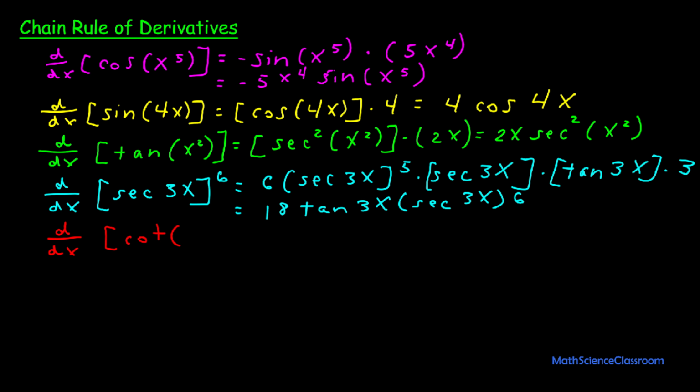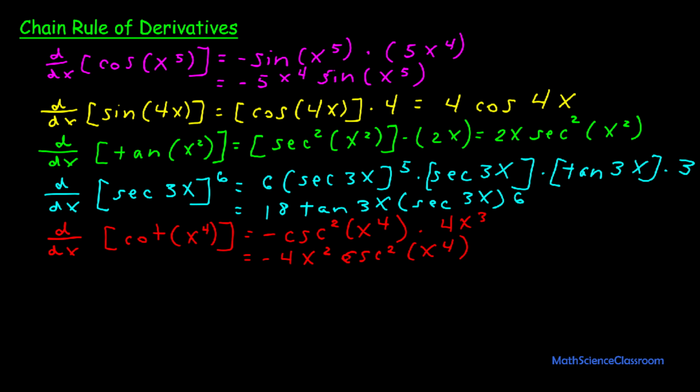Cotangent x to the 4th equals negative cosecant squared x to the 4th times the derivative of x to the 4th, which is 4x to the 3rd, equals negative 4x cubed times the cosecant squared x to the 4th.